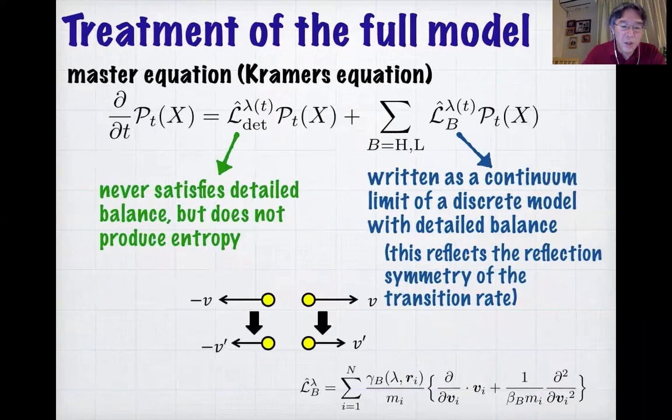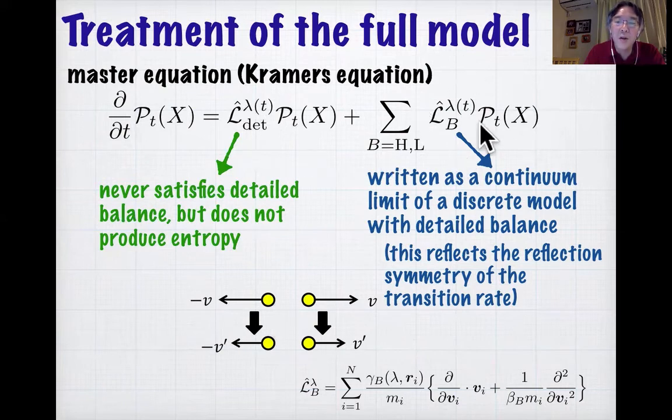So this is just a minor comment about how you treat the full model. So the master equation, Kramers equation, looks like this. And it's not a Markov jump process, or it doesn't satisfy detailed balance in the most naive case. But, for example, here, this never satisfies detailed balance, but this term does not produce any entropy, so it's safe.